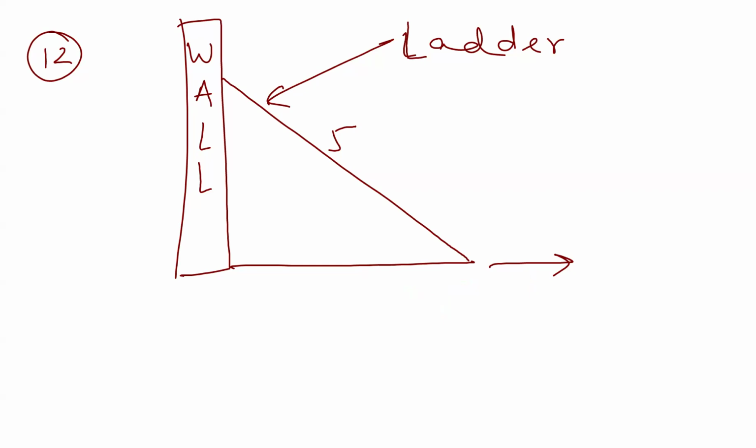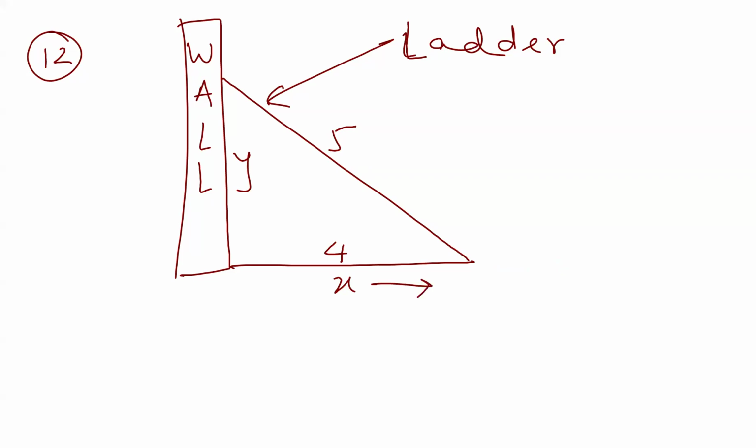The bottom is moving towards the right at a rate of 2 centimeter per second. How fast is its height on the wall decreasing when the foot of the ladder is 4 meter away from the wall? So the foot of the ladder, this is the foot of the ladder. It is 4 meter away from the wall. So let this be x, let this be y. They have given one rate.